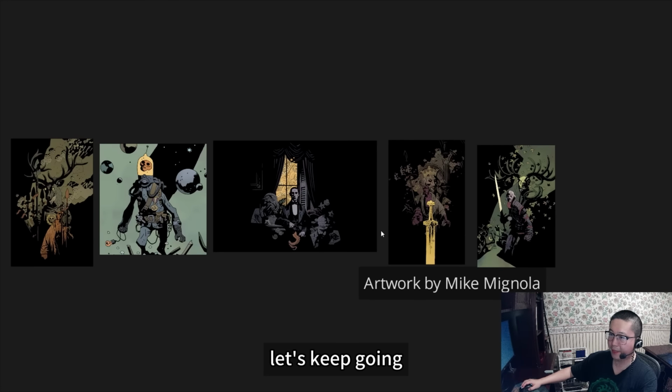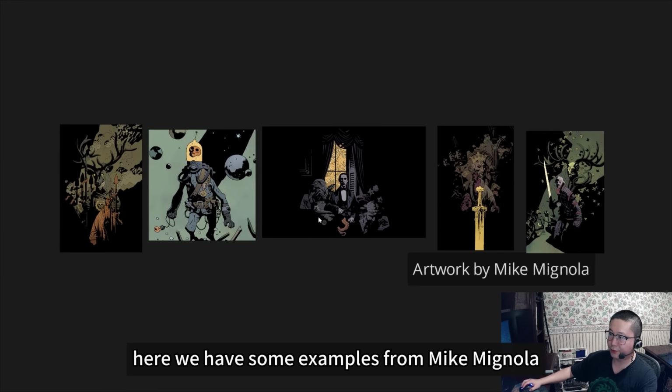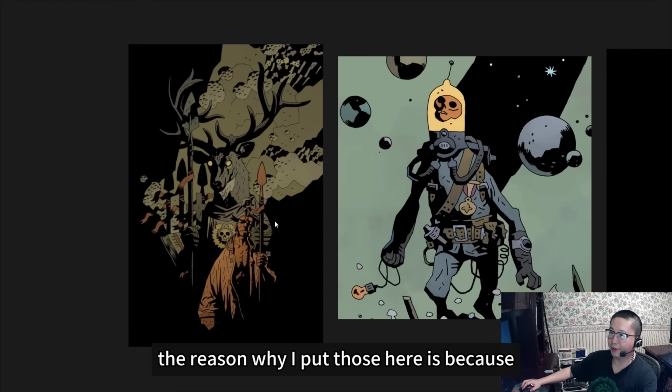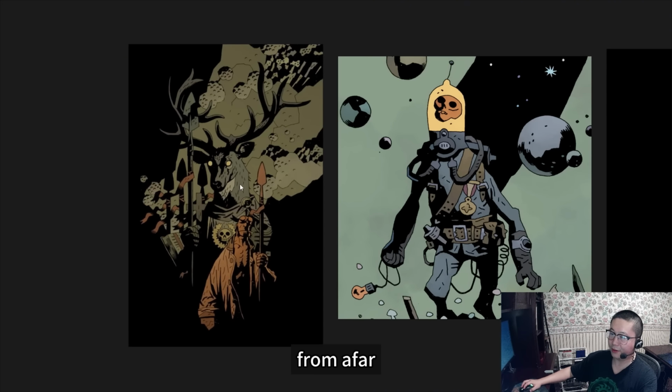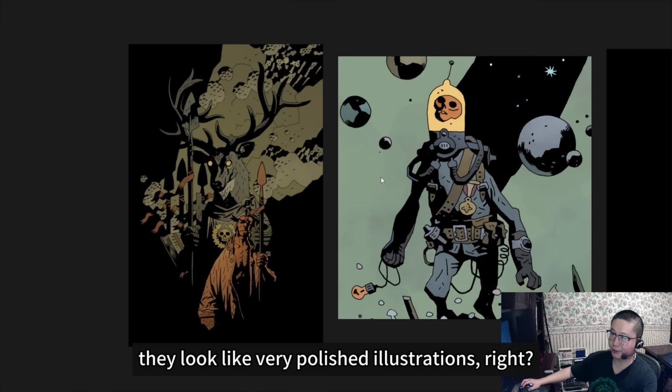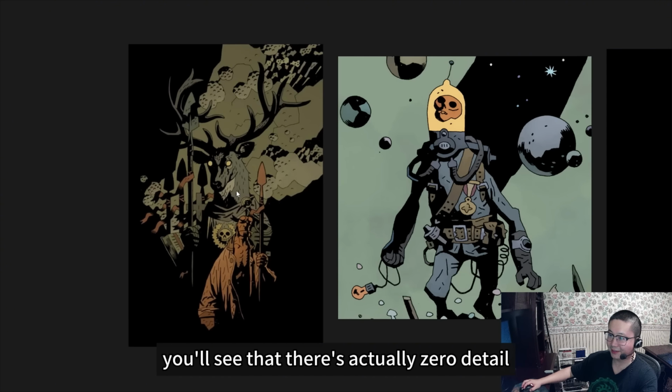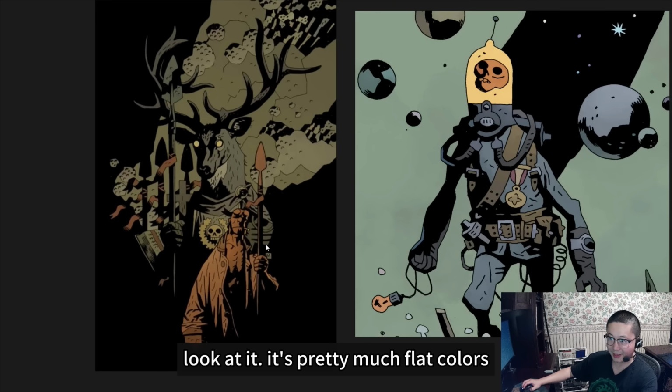Let's keep going. Here we have some examples from Mike Mignola. The reason why I put those here is because from afar, they look like very polished illustrations, right? Very detailed. But if you take a closer look, you'll see that there's actually zero detail. There's nothing. Look at it. It's pretty much flat colors.